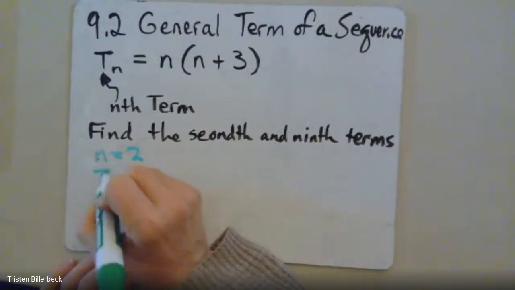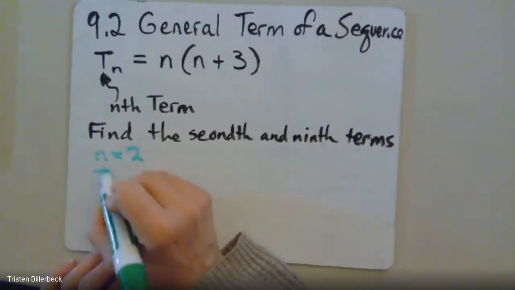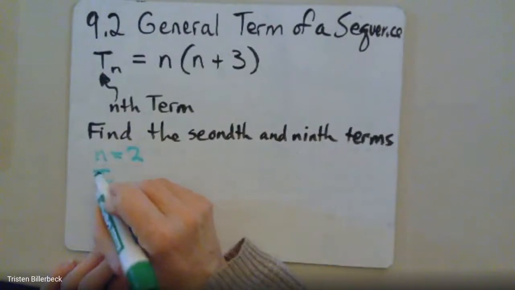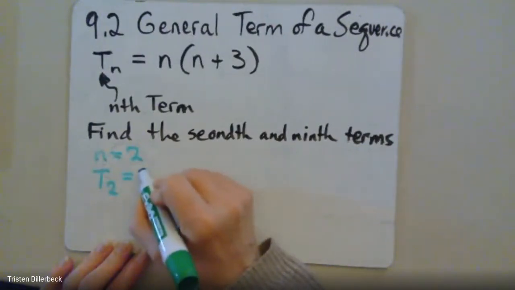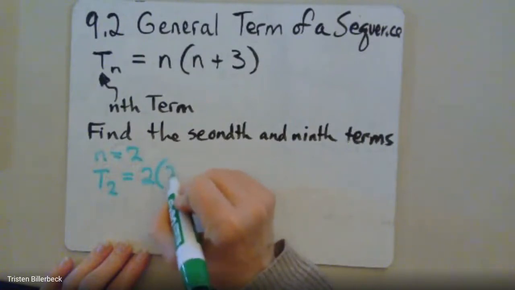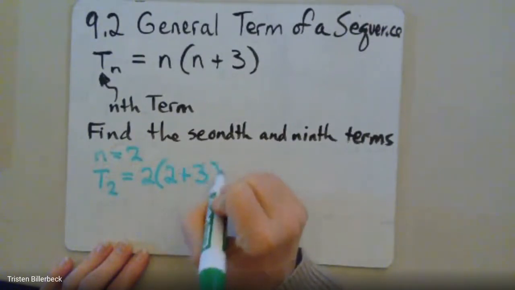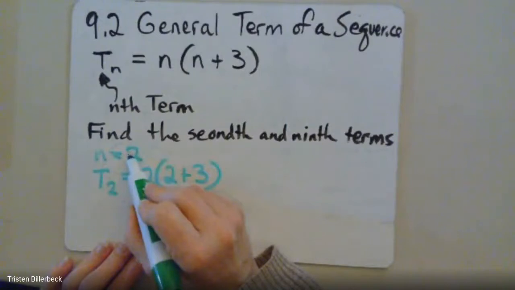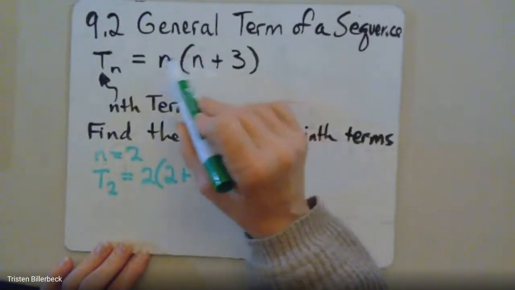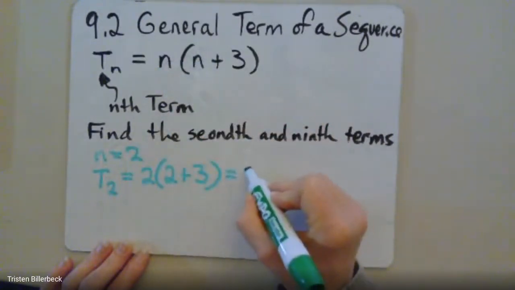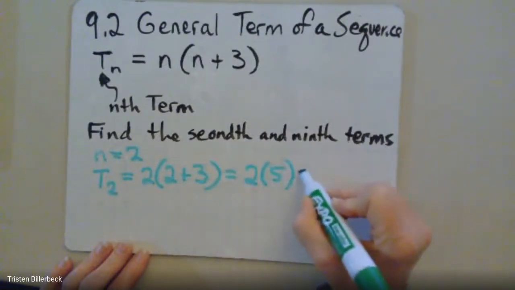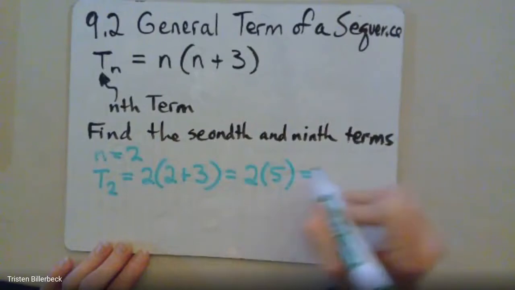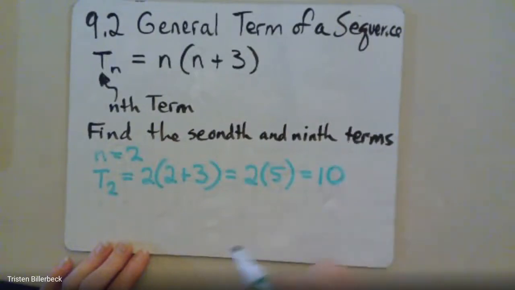So we have t sub 2, the second term, it's not t squared, it's the second term, equals 2 times 2 plus 3. If you notice, I just substituted 2 in where the n is. So this is 2 times, and 2 plus 3 is 5. So t, the second term, then is 10.